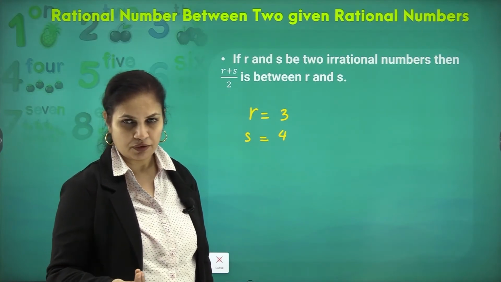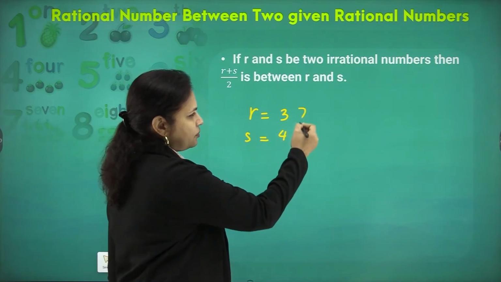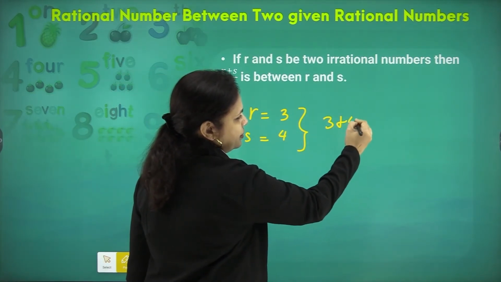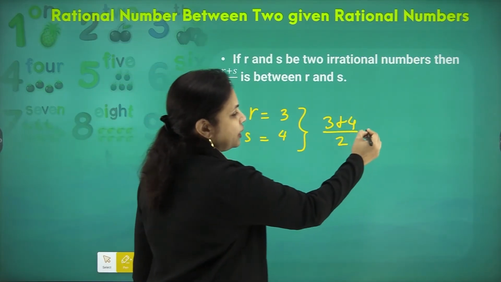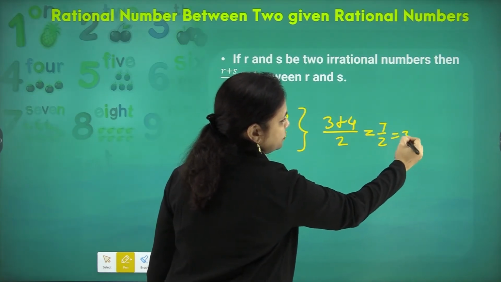It's very simple to calculate: the mid value is given by the sum of the numbers divided by 2. So the mid value of 3 and 4 will be 7 divided by 2, equal to 3.5.